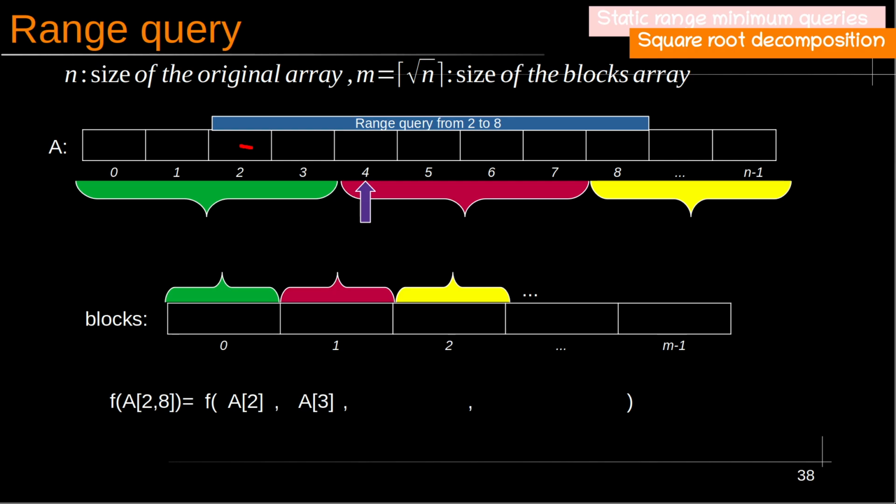So we can use this block in the result, and we jump over that block. We come to 8. 8 is the beginning of the yellow block, but we will not use the entire block because we stop there. We will use only the value at position 8 in the original array. So we take it, A8.